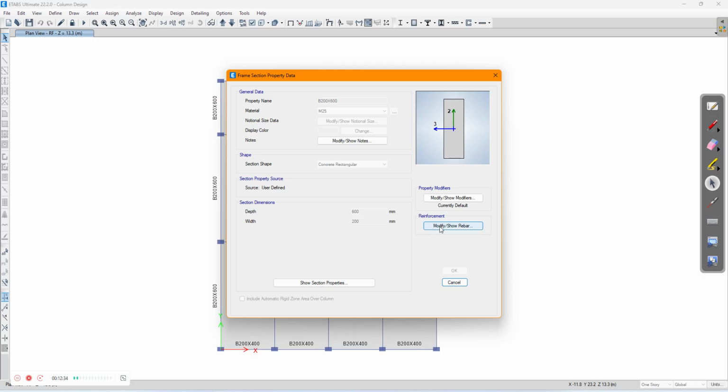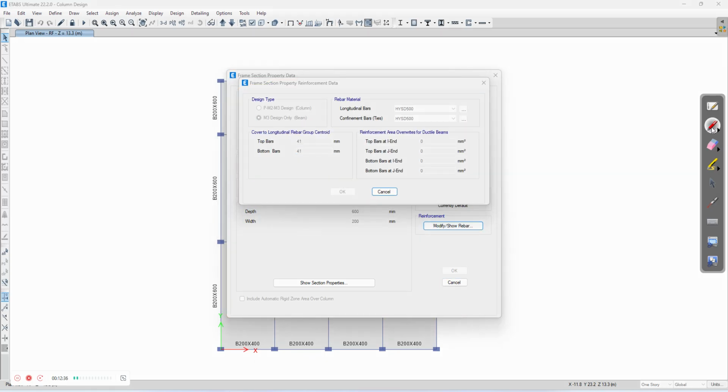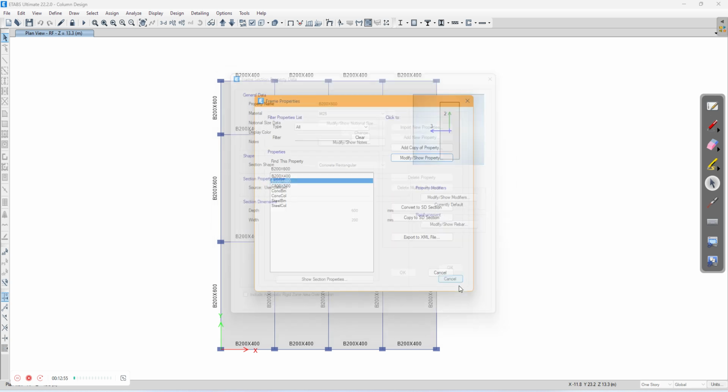In case of reinforcement, you click on modify. Your beams are designed to resist bending moment and shear force. Whereas your columns, you can check with the column property.